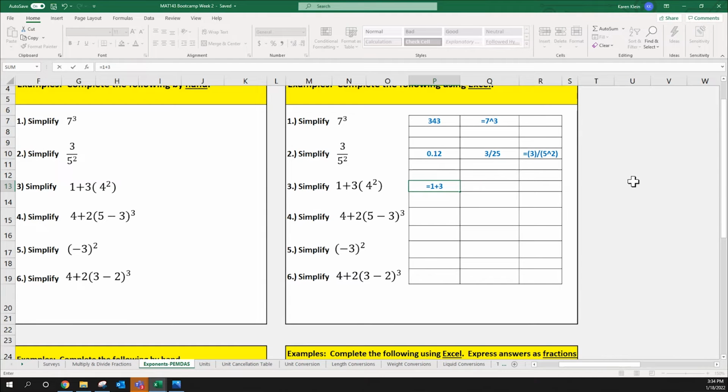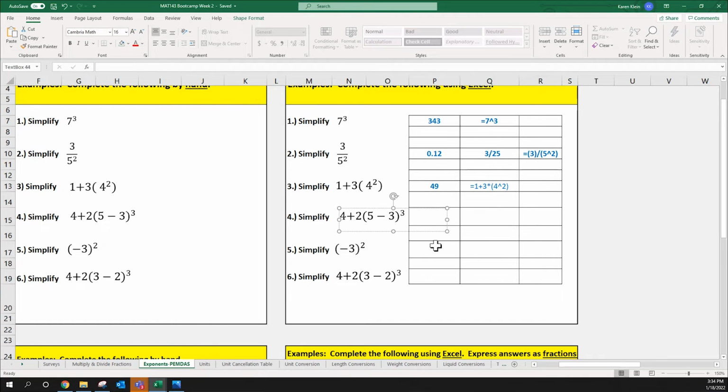Now, because Excel is also a place for you to type in letters, if I just do parentheses here, it's not going to know what to do with what's behind it. The implied operator between the 3 and the 4 squared is multiplication. So we actually have to explicitly say multiply times 4 to the second power. So these are the rules for typing that in.